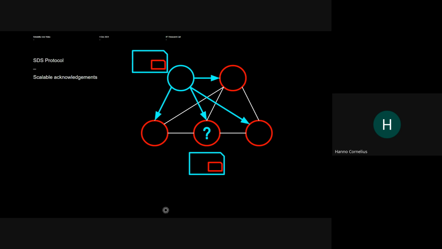Okay, the first thing that can happen is you can see that the original publisher of the red message can now answer the question whether this red message has been acknowledged, because at least it's been acknowledged by the blue node, because it includes a reference to this message in its own message.